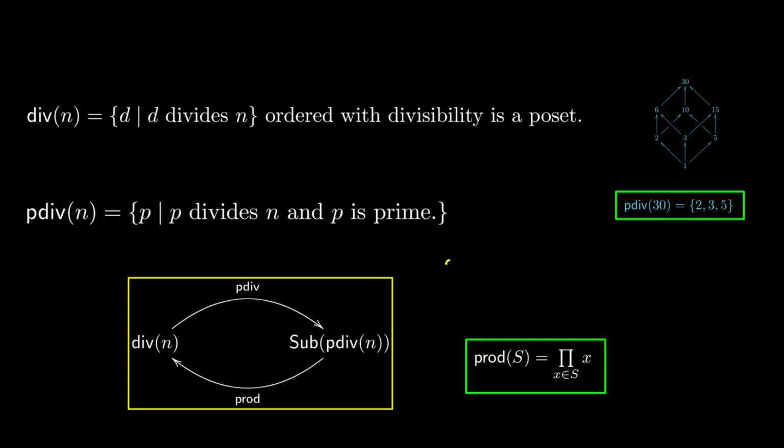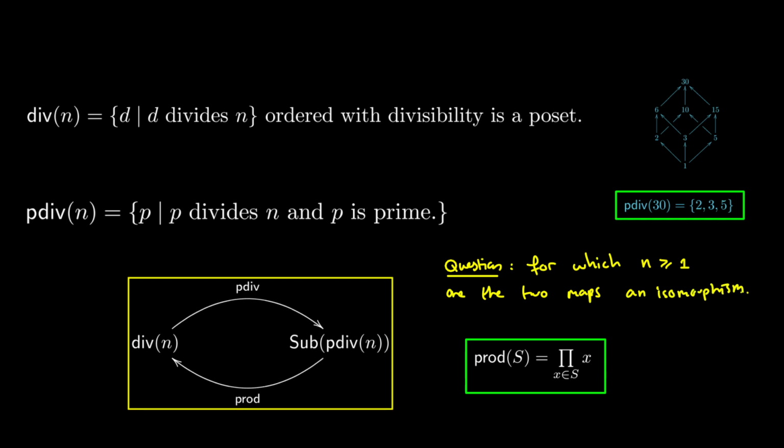So the question is, for which n, let's say bigger than 1, are these two maps an isomorphism? So let's just say an isomorphism. That's the main question that I want to end this video with, and then we can revisit this question in what follows.